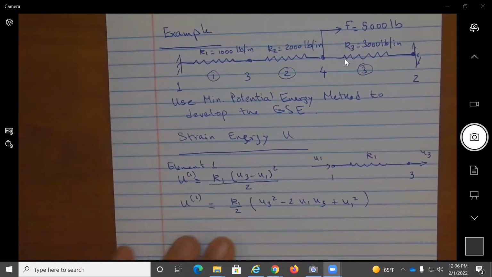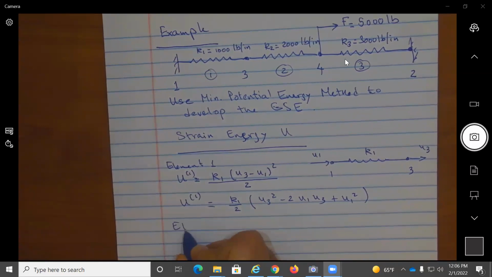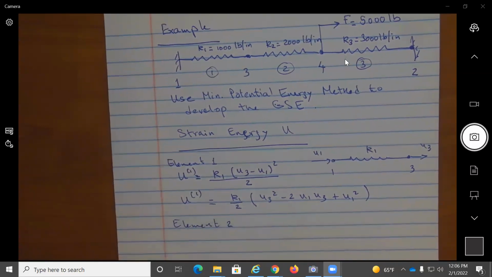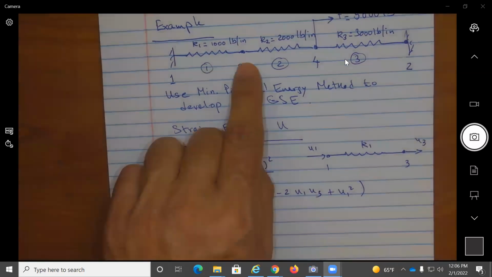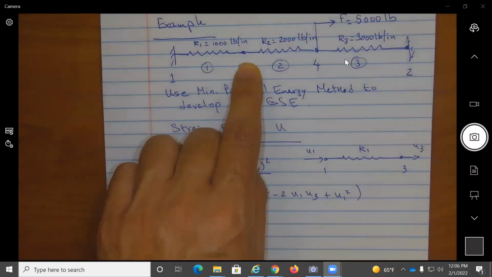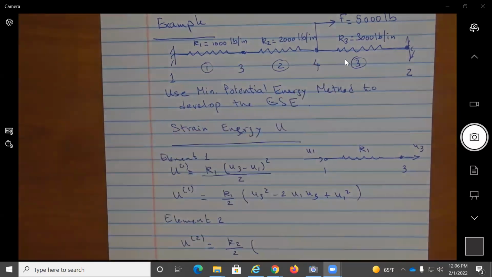I can apply the same concepts to the other elements. I can go like element 2, and I can say that U2 is equal to K2 over 2. And then if I look at element 2, it extends between 3 and 4.